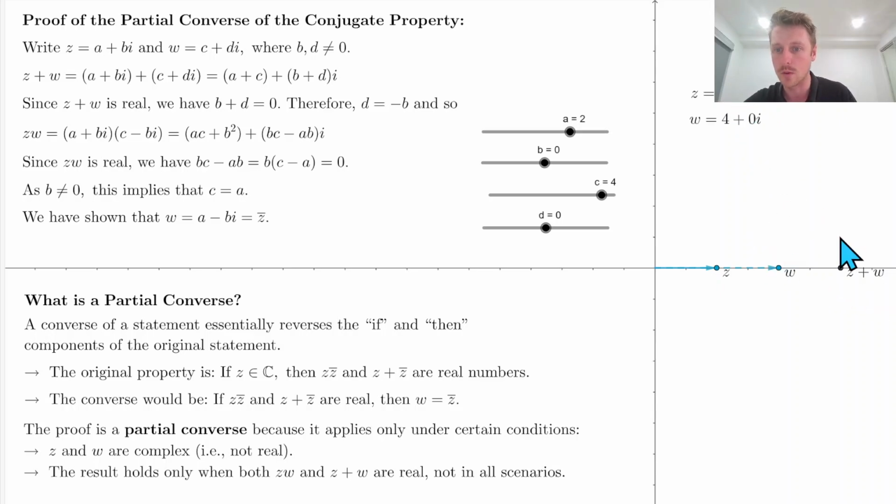Essentially, this is just the situation of 2 plus 4, which is 6, and 2 times 4, which is 8. But that's an instance where the converse doesn't apply.